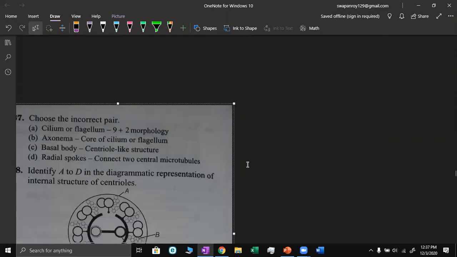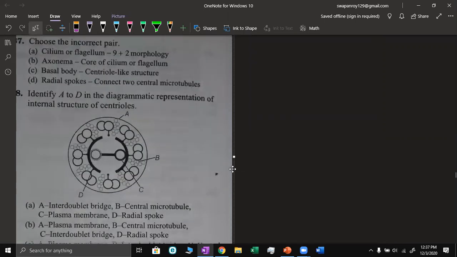Now here is also one structure. This is the structure of the flagella, and a cross section.